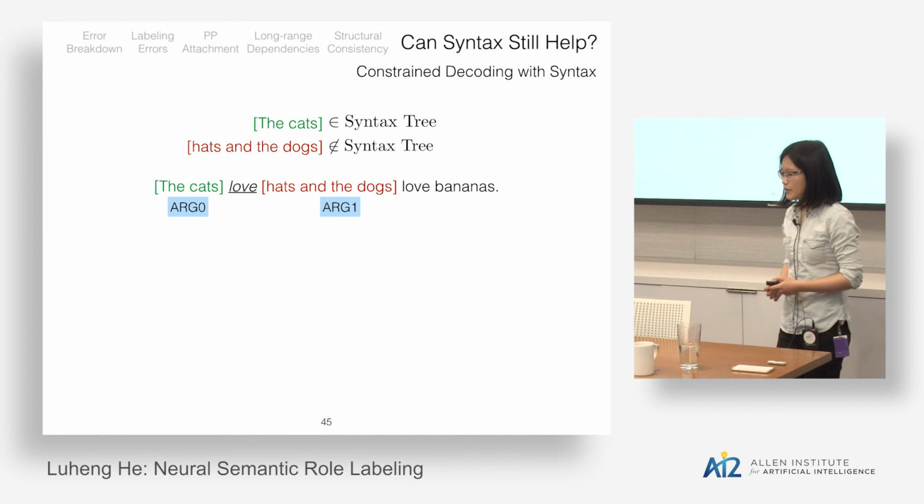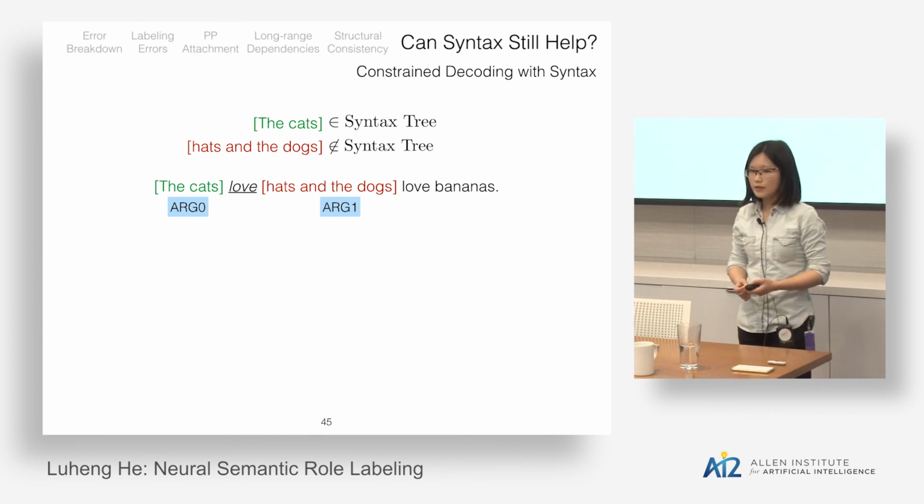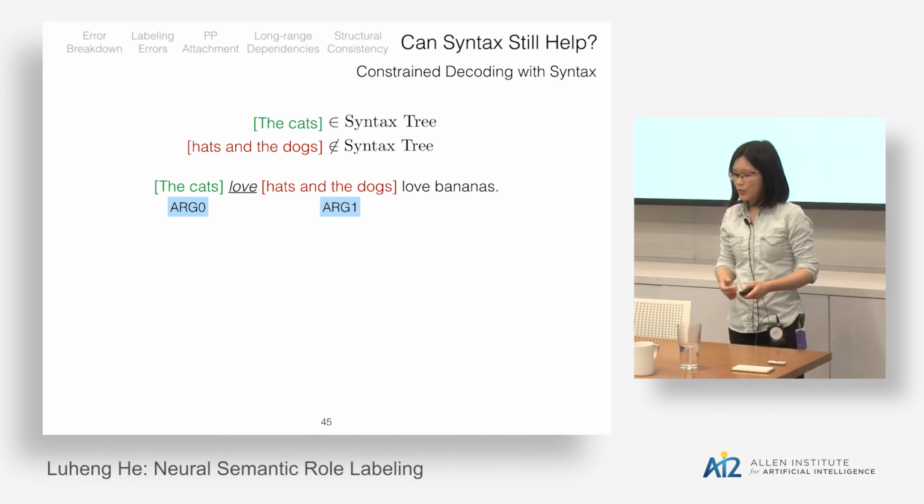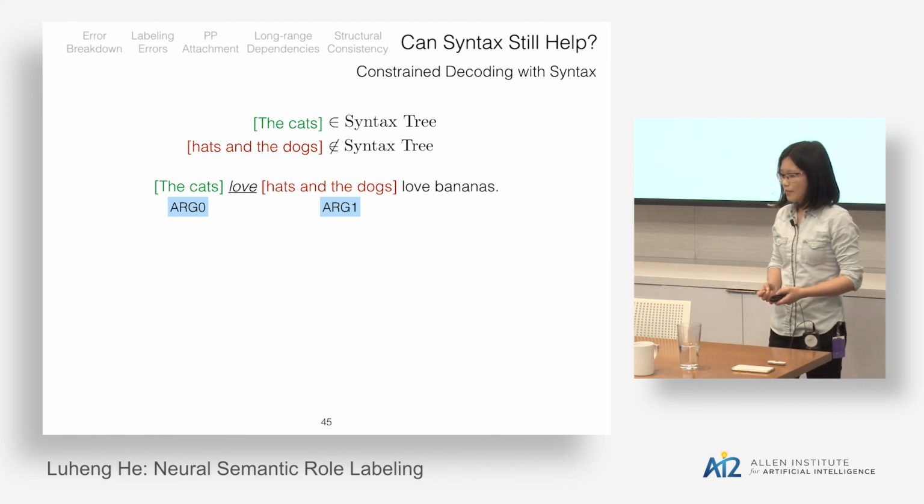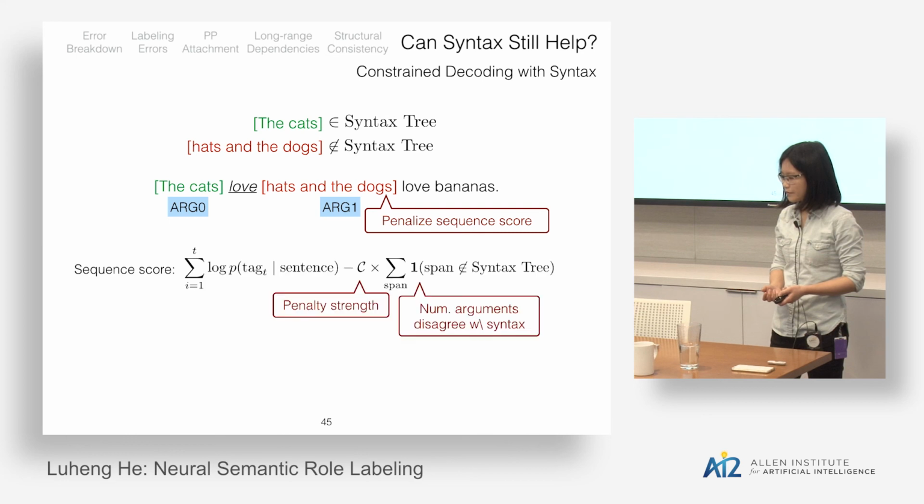So we use a constraint decoding algorithm. The basic idea is that when we predict a sequence, we penalize the sequence score whenever it predicts a span that doesn't belong to the gold or predicted syntactic tree. So here's a sketch of the equation for the augmented sequence score.